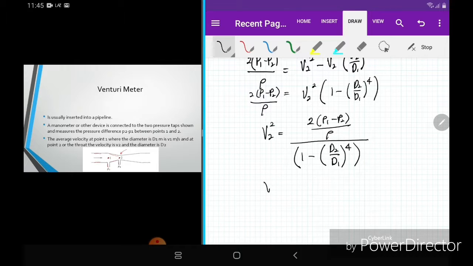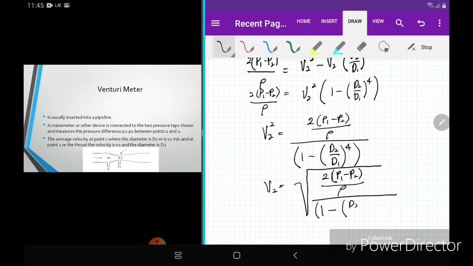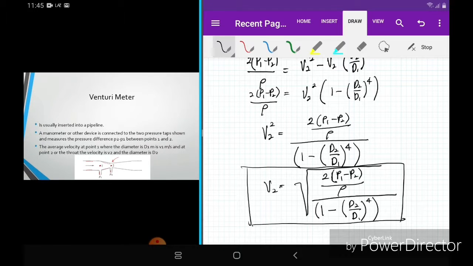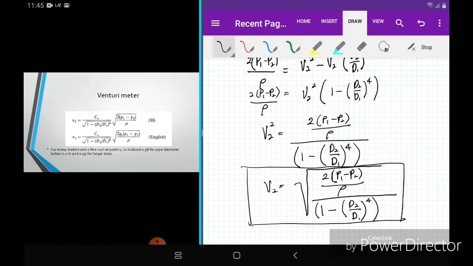Then, your v sub 2 is equivalent to the square root of 2 quantity p1 minus p2 divided by the density all over 1 minus d sub 2 all over d sub 1 quantity raised to the 4th power quantity. This is your v sub 2, or the velocity measured using a venturimeter, which is actually equivalent to this particular equation.